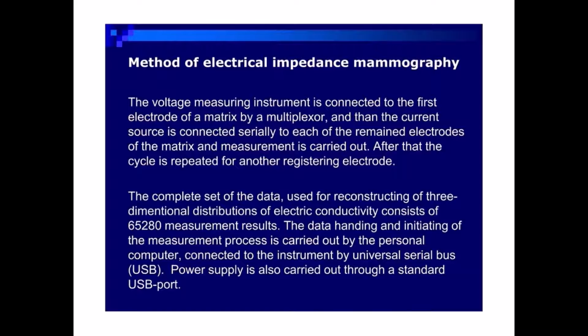The complete set of data used for reconstructing three-dimensional distributions of electric conductivity consists of 65,280 measurement results. The data handling and initiating of the measurement process is carried out by a personal computer connected to the instrument by Universal Serial Bus, USB. Power supply is also carried out through a standard USB port.